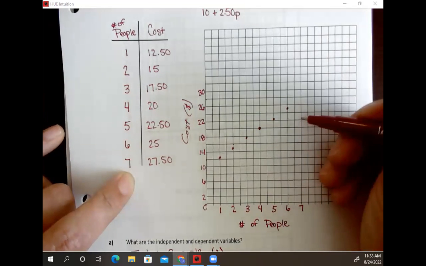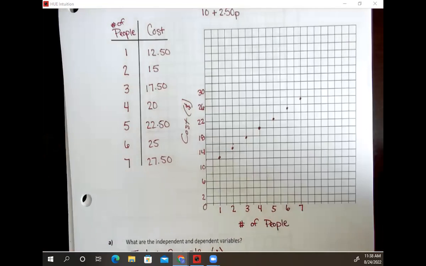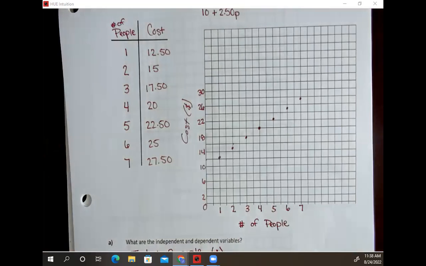And 7 people cost $27.50, so there's 28, just under that for $27.50. So there's my points for my table.